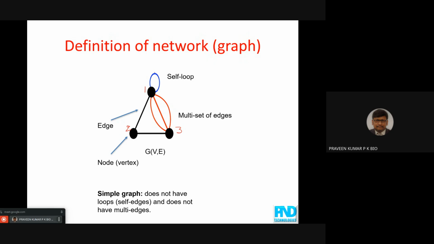You can also see the edges, the lines. The edge can be connected to the gene itself, or the edges can connect different genes. The first node connects to the second node through this edge, the edge for 1 to 2. But for 1 to 3, we have three different paths.